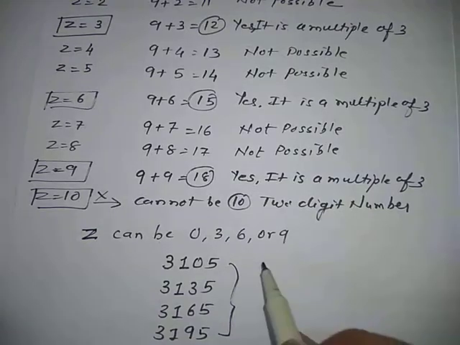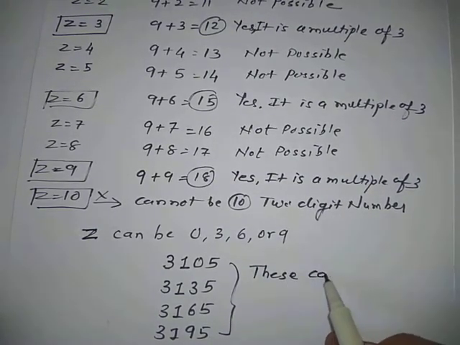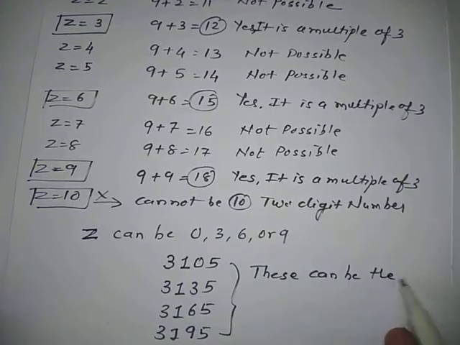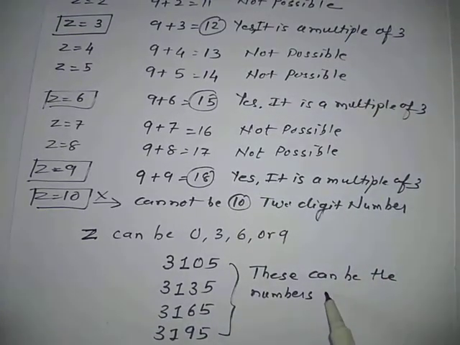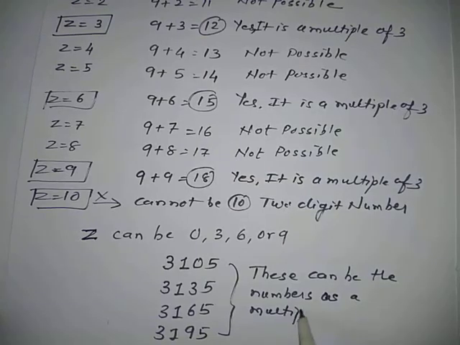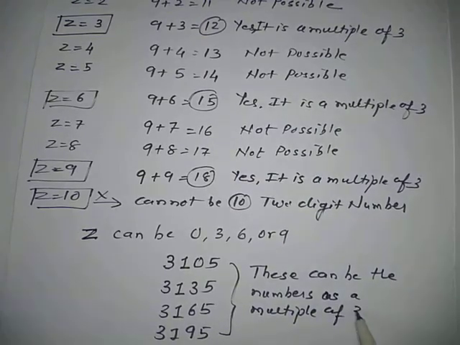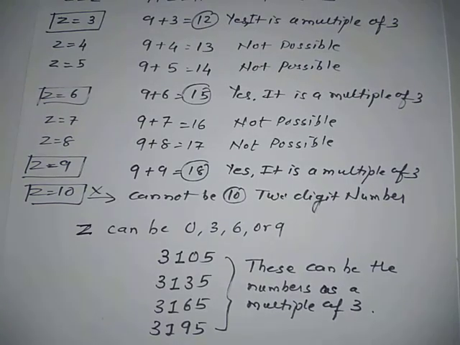So these are the numbers which can be multiples of 3. Hope this much is clear to you all, and we have completed our lesson number 16.